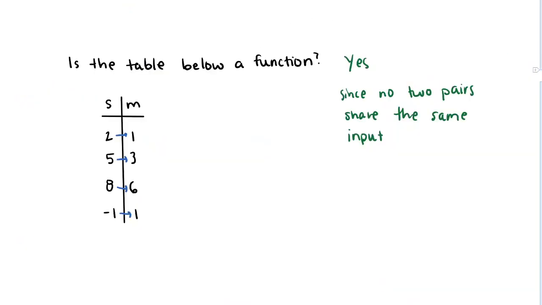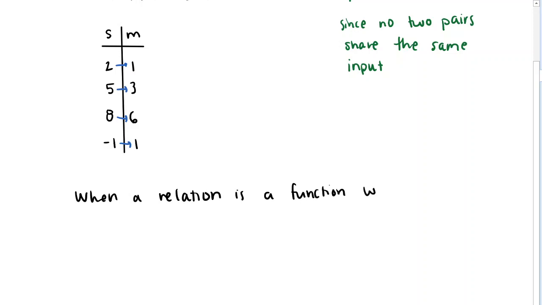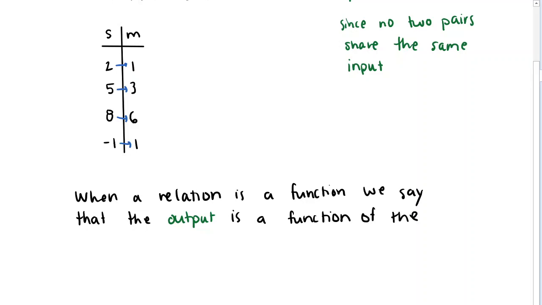Okay, and so here, when we do have a relation that is a function, when a relation is a function, we say that the output is a function of the input.